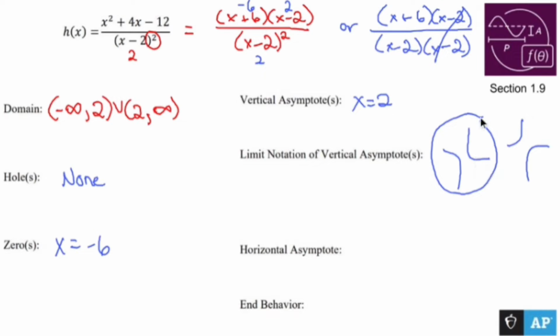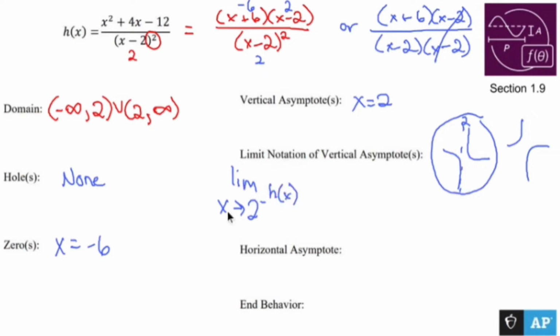If I wanted to go into more detail, I can make myself a sign chart, but I'm not going to do that. So what it's asking me here is the limit notation of my vertical asymptote, which happens at 2, is going to look like this. As I approach 2 from the left side, that's what that little minus sign means, of h of x, I am going downward.